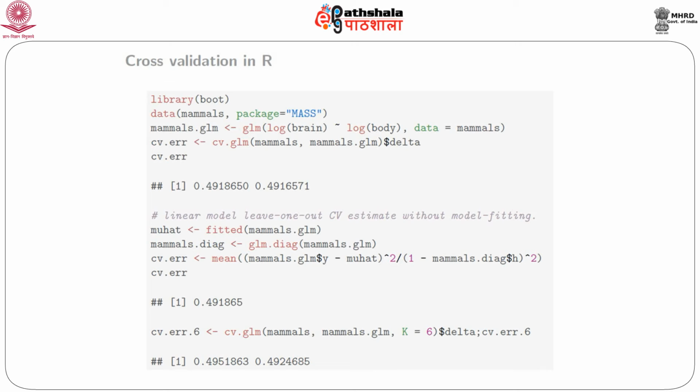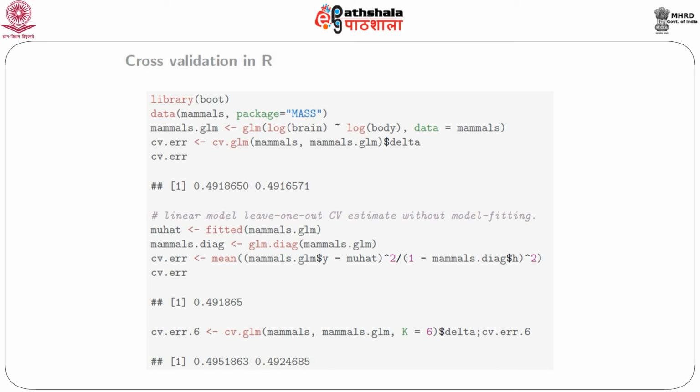The first component is the raw cross validation estimate of the prediction error, and the second component is the adjusted cross validation estimate, with the adjustment being designed to compensate for the bias introduced by not using leave-one-out cross validation. And here, since we have used that, we find that both the values are nearly the same.